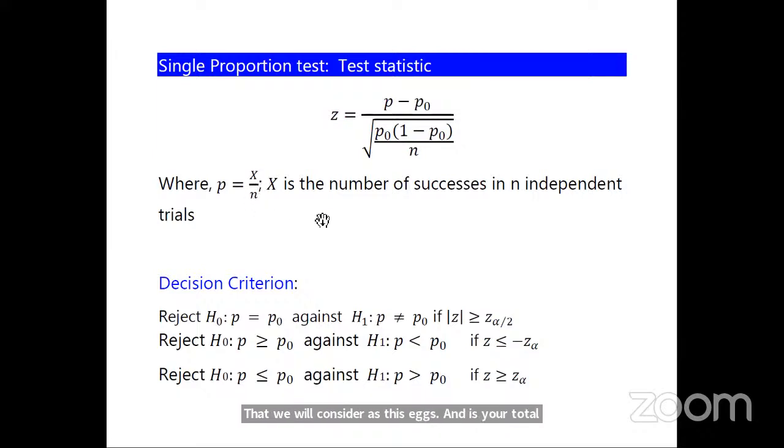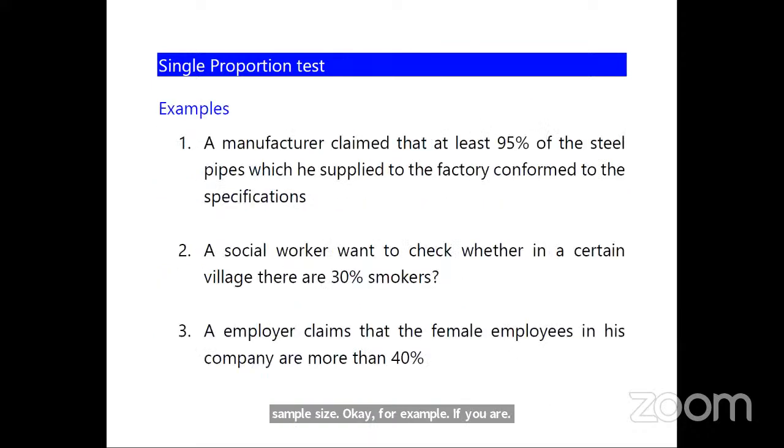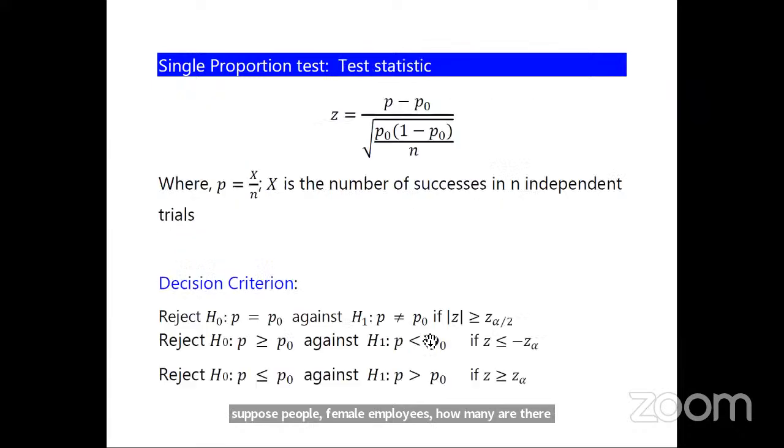For example, in the example we have taken, suppose somebody is considering female employees, taking a sample from every department of the company. In the department, suppose quality assurance, there are total employees, and out of that how many are female, right? That is how we will compute this value of P.